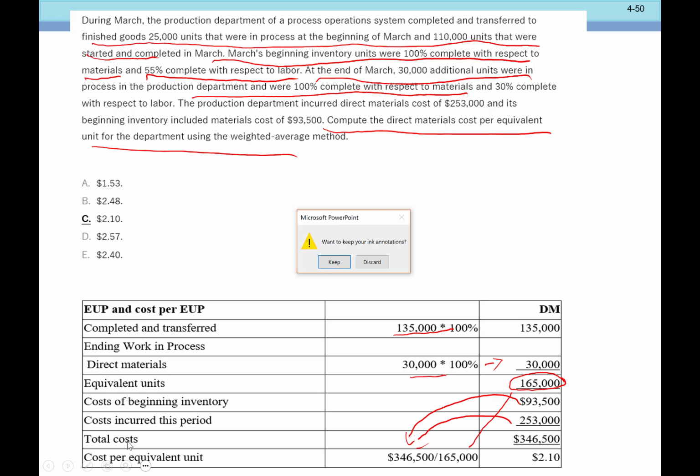The ending inventory calculation to me is more just a check figure because if you get the amounts to transfer out, you would take the beginning balance work in progress plus the units that were added, which gives you the total available, minus the units transferred out, and ending inventory comes for free. Then you could multiply the equivalent units in ending inventory times the cost per equivalent unit just to check that ending inventory figure.